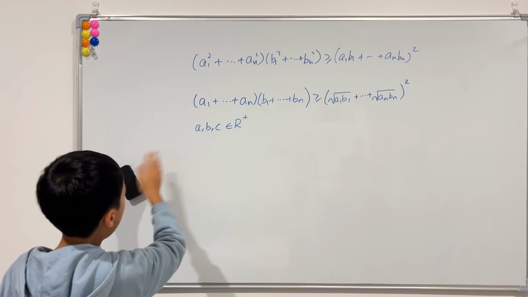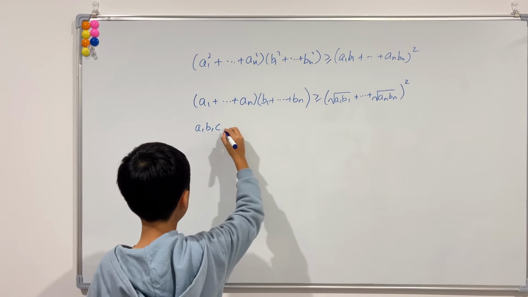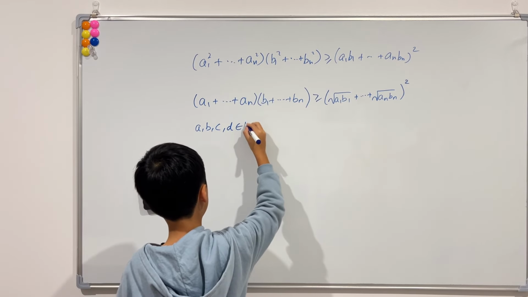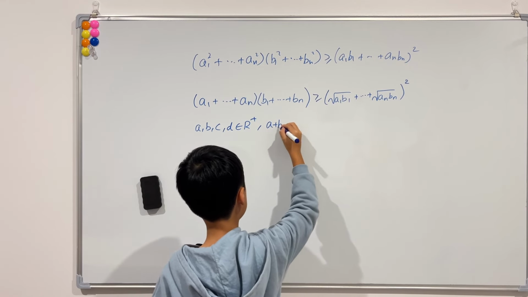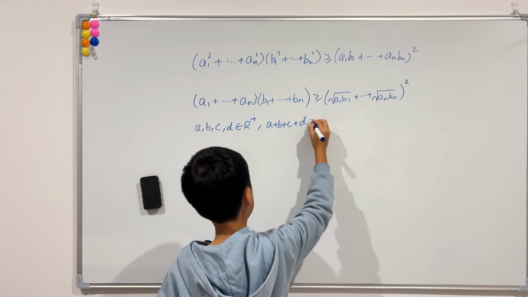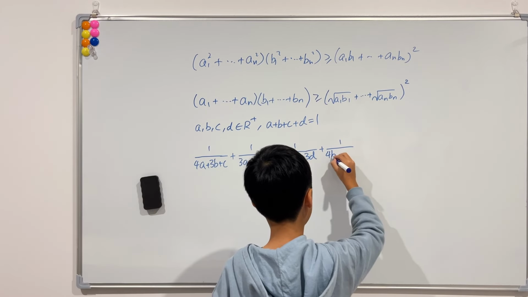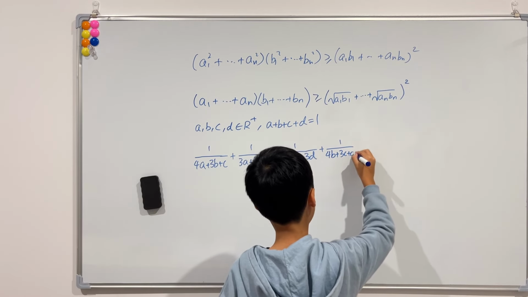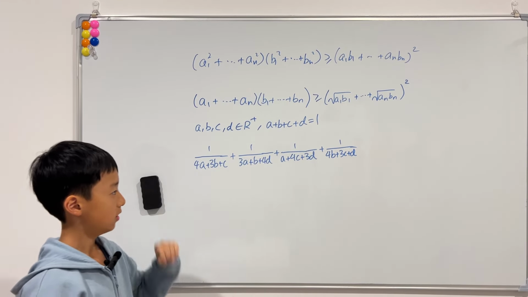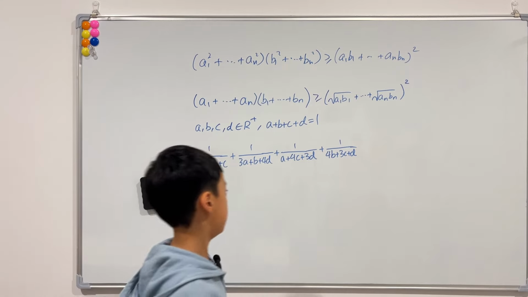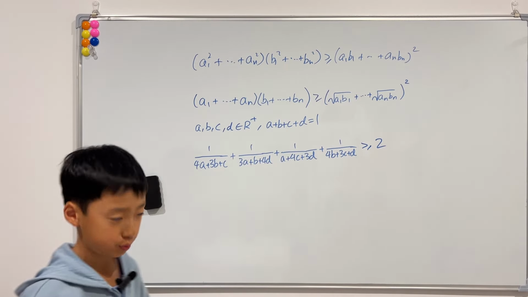So part of this still stays, it's just there's one more variable, d, which is in the positive numbers, and a plus b plus c plus d is equal to 1. So here's the question, and I forgot the inequality. It's greater than or equal to 2. So this is what we have to prove.